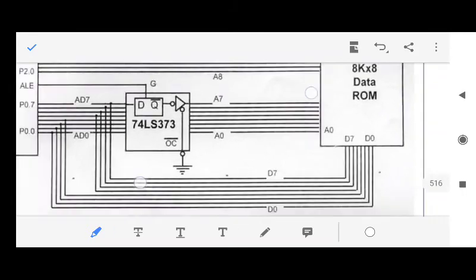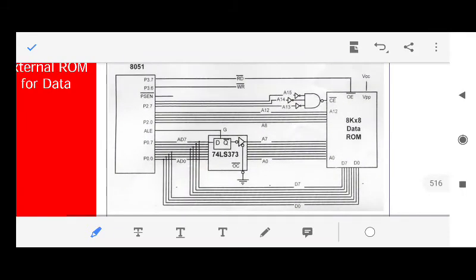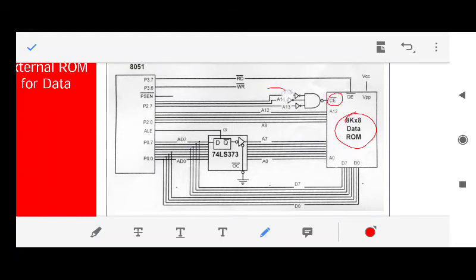Fine. So let us see how this question is done. First let's see what the type of memory is. The type of memory is data ROM. In that case, the chip enable signal should be connected to the remaining address lines. First we need to understand which lines are connected.